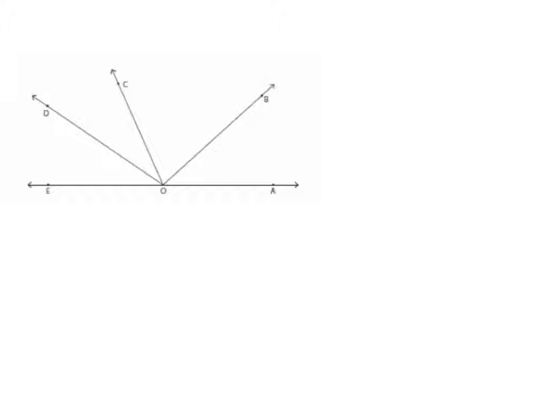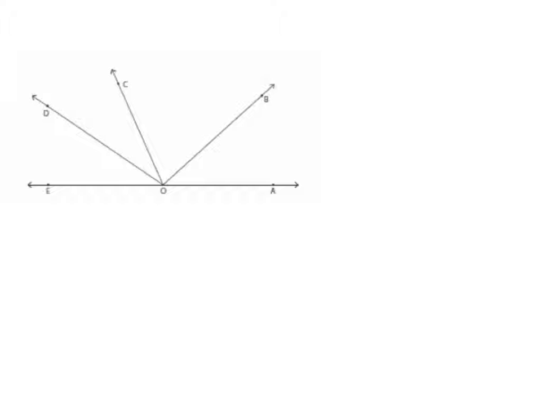So angle 1 and angle 2 are adjacent. They share this side here in the middle. Angle 2 and angle 3 are adjacent because they share a side, this side here.